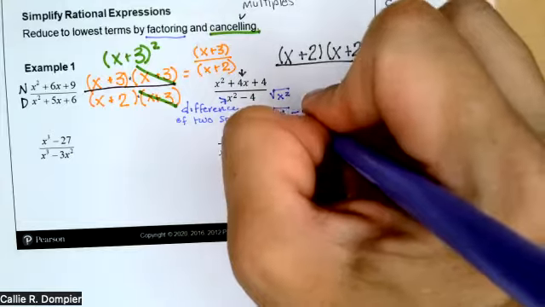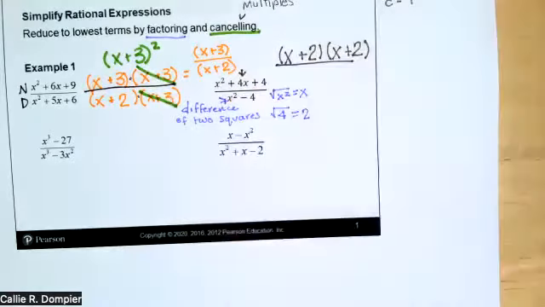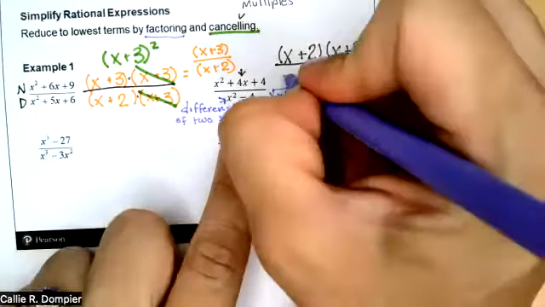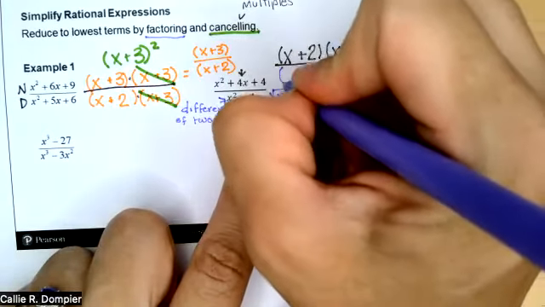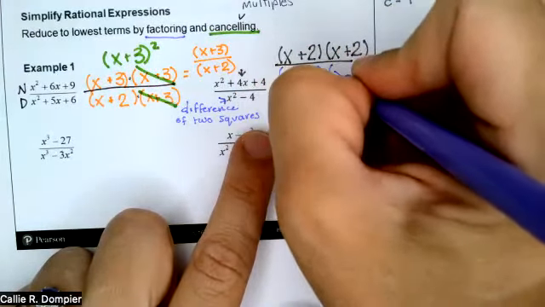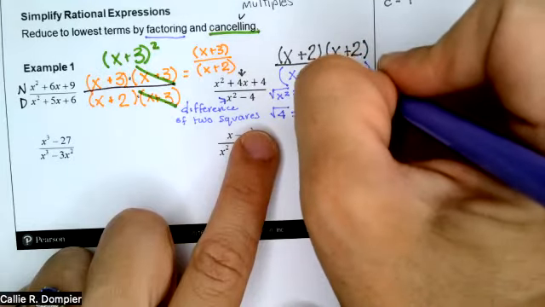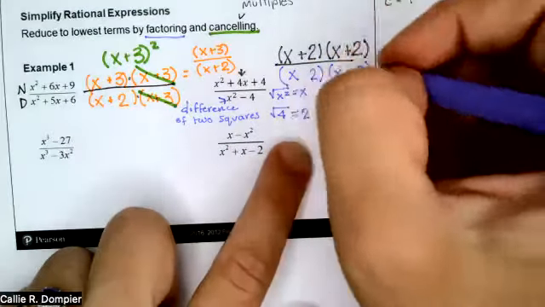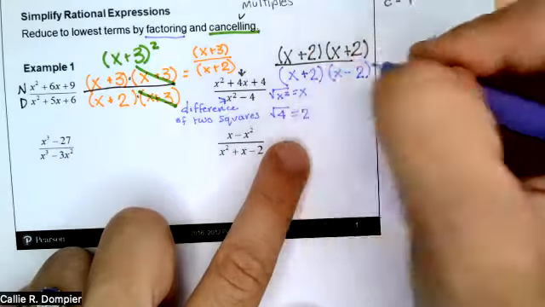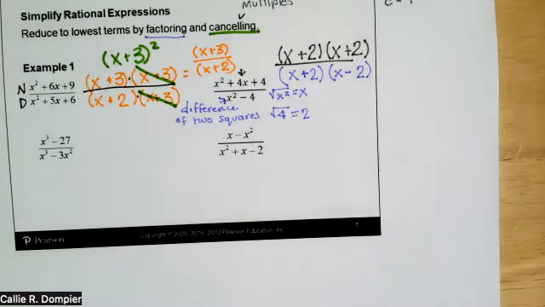The square root of 4 is 2. The square root of x squared is x, right? The difference of 2 squares means I take those and I put them into 2 binomials, and we took notes on this, I think it was the last class. One gets added, the 2 get added together, the other one, the 2 are subtracted. One is taken from the other.